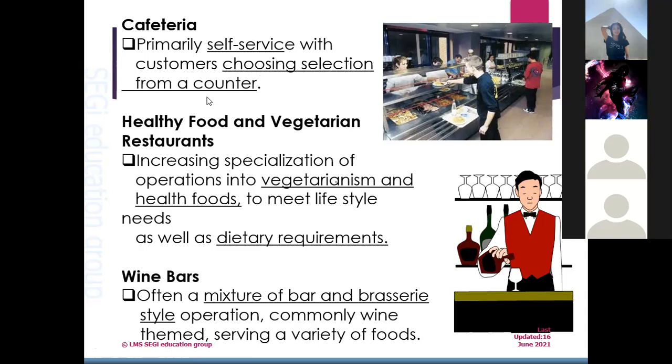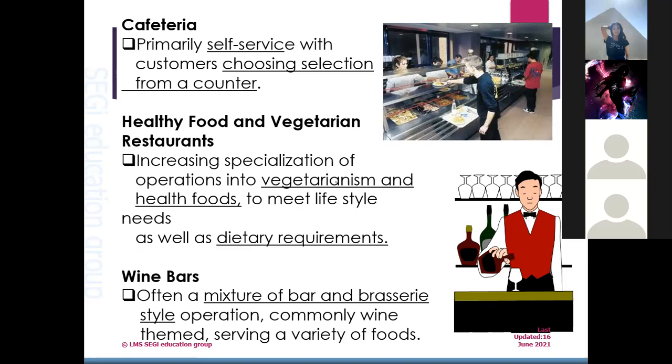The next one type of restaurant is healthy food and vegetarian restaurant. This is also one type of restaurant in which they are selling vegetarian and also healthy food because of the increased awareness in health. Ramai orang hari ni nak jaga kesihatan. Guys, terutamanya mereka yang dekat barat, mempunyai kesedaran yang tinggi tentang kesihatan.